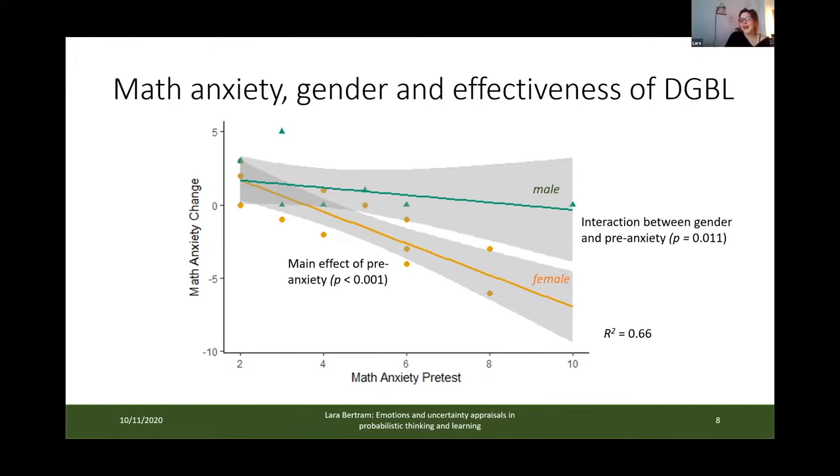But yeah, so I think this hints to an interesting finding that maybe students with more anxiety profit more from a game that tries to convey complex mathematical ideas like entropy.